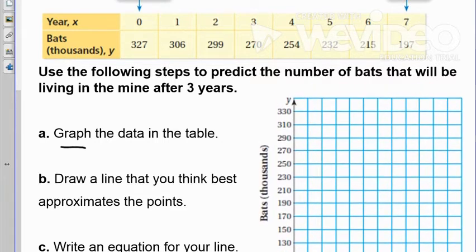That line is going to go through most of your data, but it doesn't necessarily have to go through every single point. That is the important part here. You don't necessarily need to have it go exactly through the y-intercept, but that's totally your call.